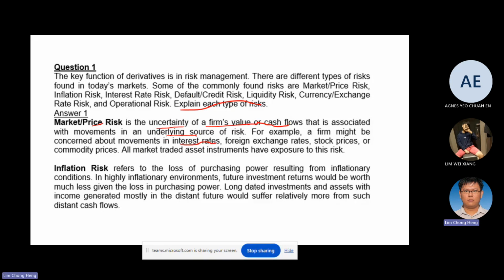Just like this week, the stock market dropped because the ringgit appreciated and hot money fell out from Malaysia. So capital outflow. This we also call price risk or market risk. In academic, this is the standard answer.